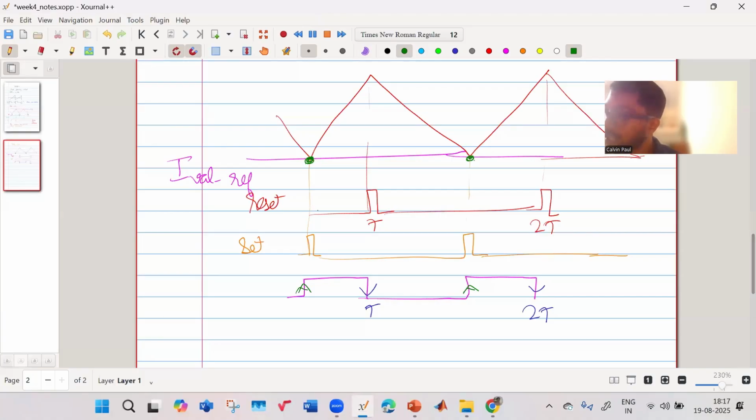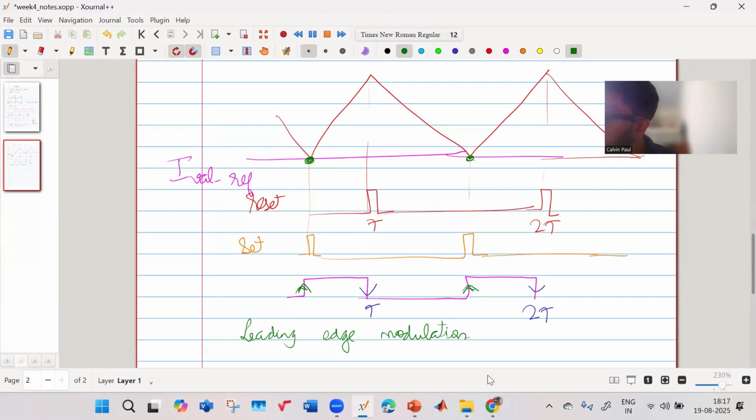So when it touches the valley, at those instants only, you will have these rising edges. That is why this is known as leading edge modulation. Because when it will turn on, that will adjust.